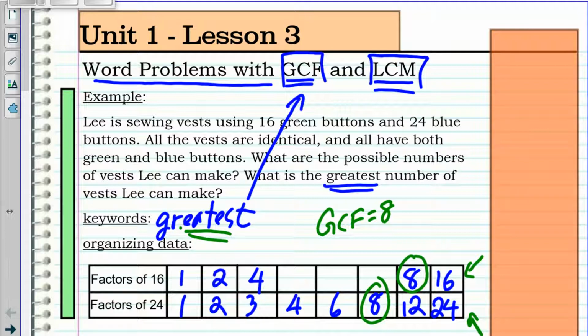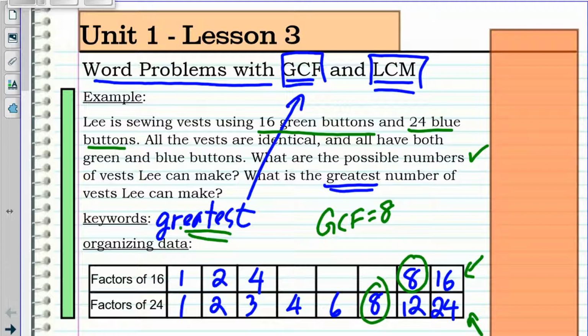So here you have 16 green buttons and 24 blue buttons. Let's answer the possible vests first. What are the possible vests that Lee can make?